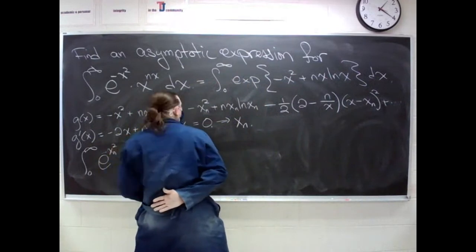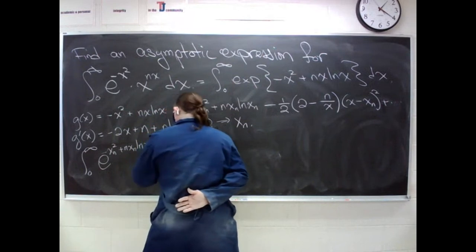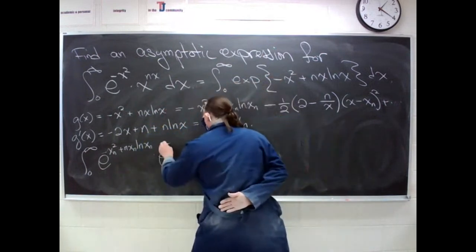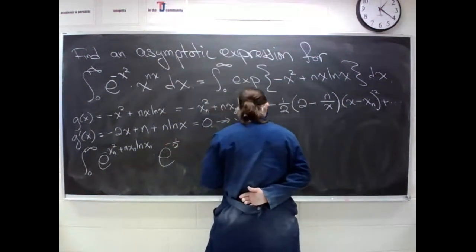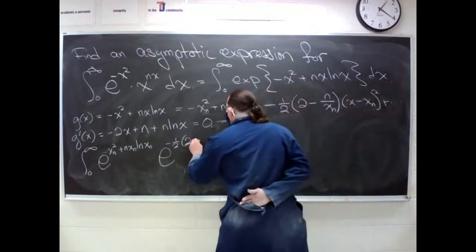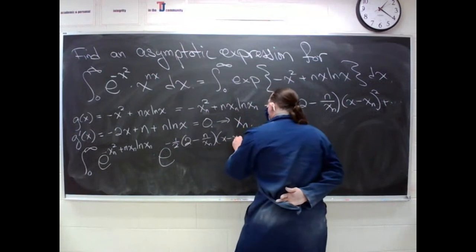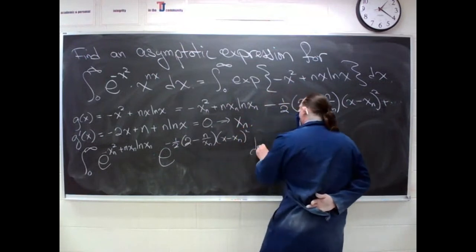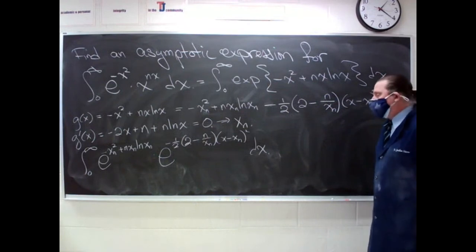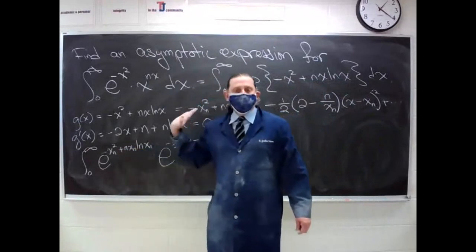minus xn squared plus n xn log xn times e to the minus 1/2 (oh, this should be xn) 2 minus n over xn, x minus xn squared dx. All right, now, this is a constant.